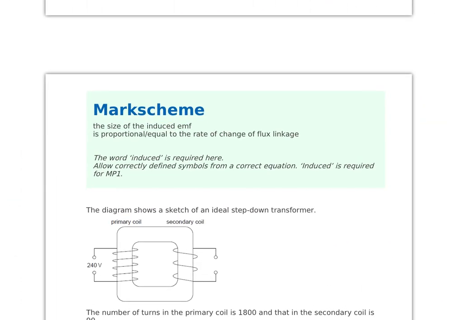It says the size of the induced EMF is proportional to the rate of change of the flux linkage. You can also write that as EMF is negative change in flux over change in time, but you would definitely need to explain the terms.